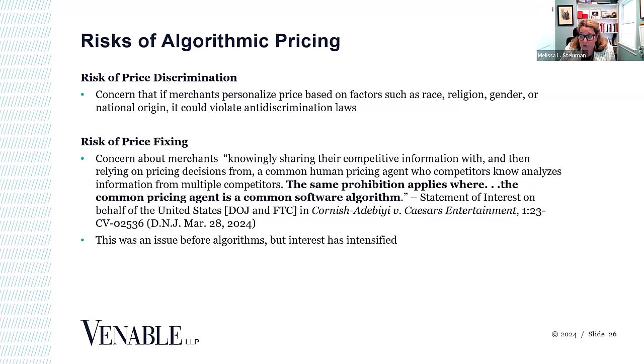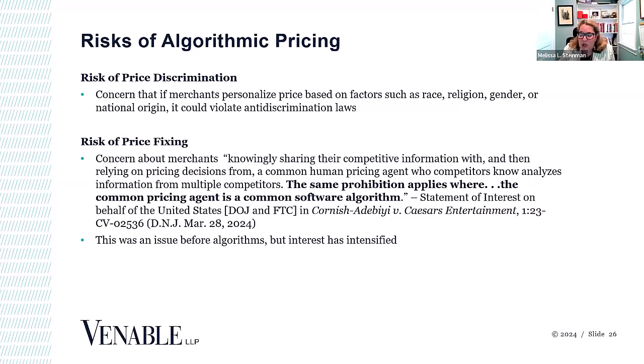The defendants have moved to dismiss the complaint, arguing that the claims are legally insufficient because the plaintiffs don't allege that the defendants discussed their choice of pricing software or agreed to adopt a common pricing platform. The DOJ and FTC filed the statement of interest addressing two claimed legal errors that the defendants made.